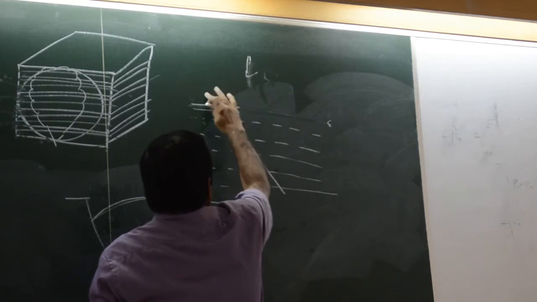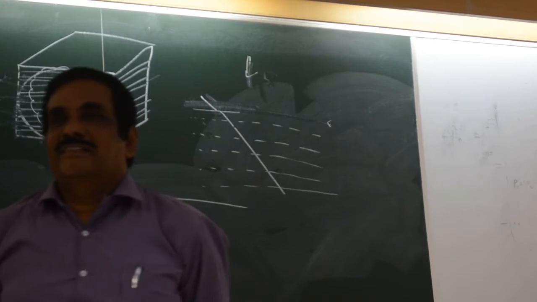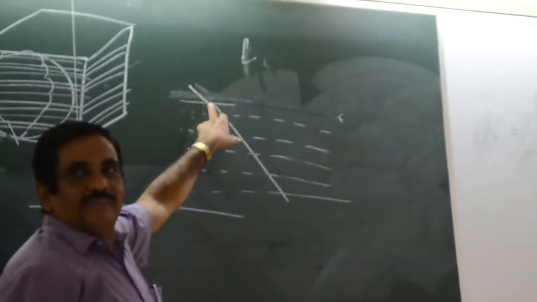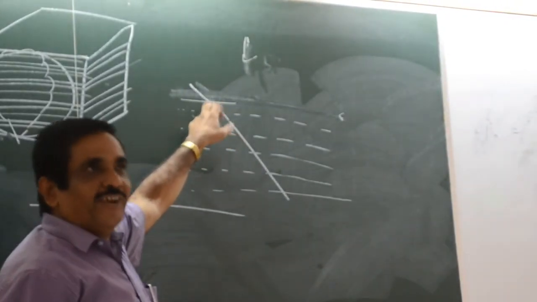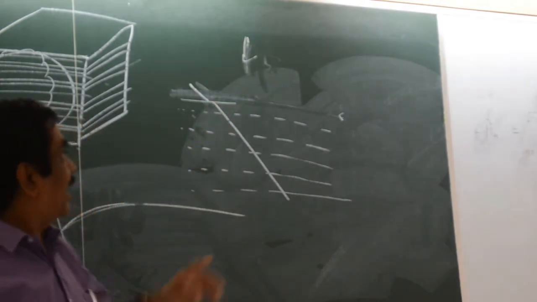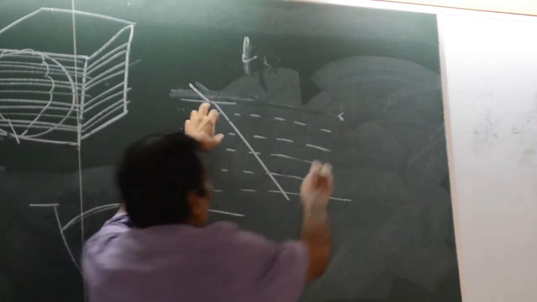When this comes down, what happens? It will start from here. There won't be any continuity. As a result, what you see is a fault type of offset. So it is not a fault. Though it is not a fault, you will get a fault type of offset. So this is because of dissolution.